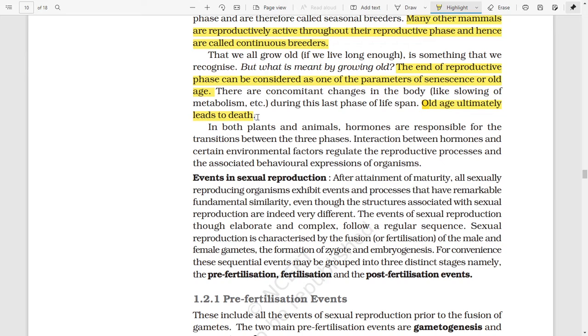Sexual reproduction is characterized by the fusion or fertilization of the male and the female gametes, the formation of zygote and embryogenesis. For convenience, these sequence events may be grouped into three distinct stages, namely pre-fertilization, fertilization, and post-fertilization events.